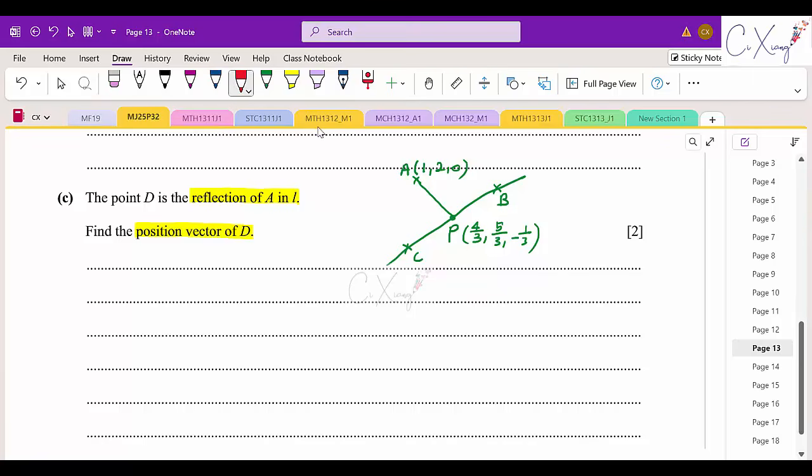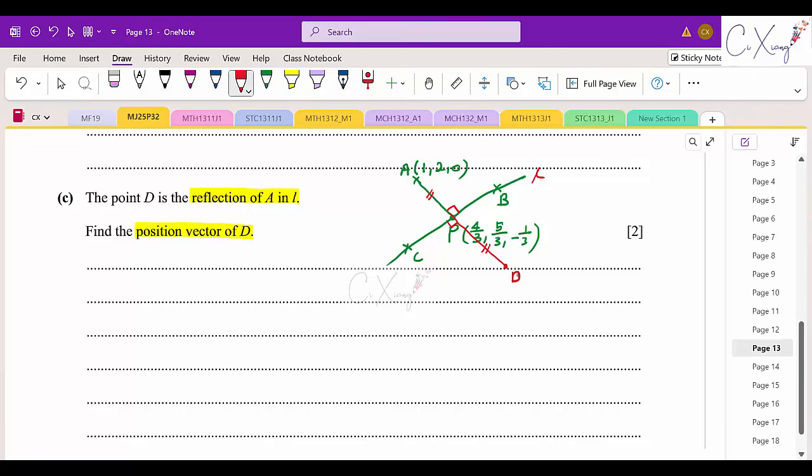Now they say the point D is the reflection of A in the line L. Reflection of A in the line L means you're having the line L as the mirror. Then your A is reflected through the line L as a mirror, and you get a point D here. So it is still 90 degrees basically. And the distance from A to P is also the same as the distance from P to D because it is a reflection. Line L is a mirror.